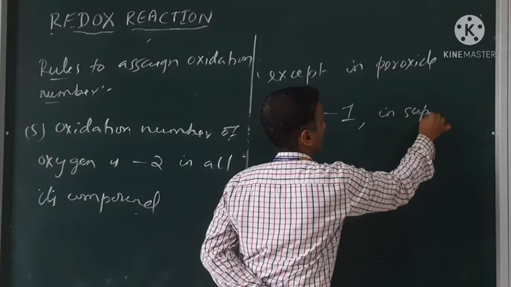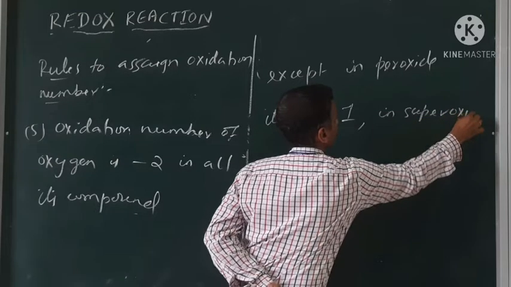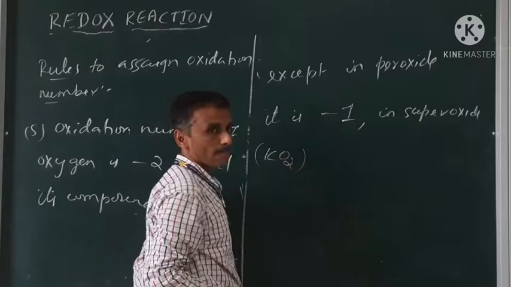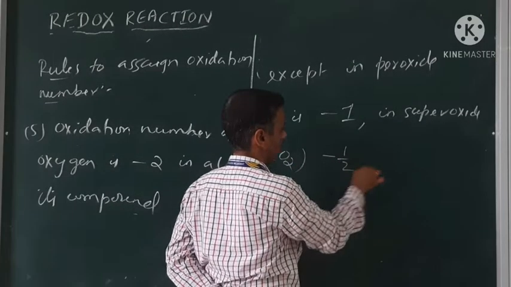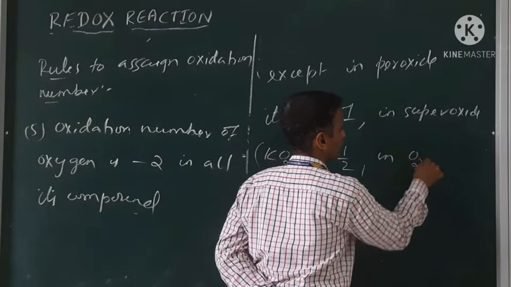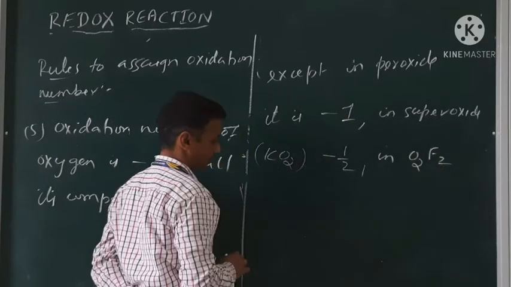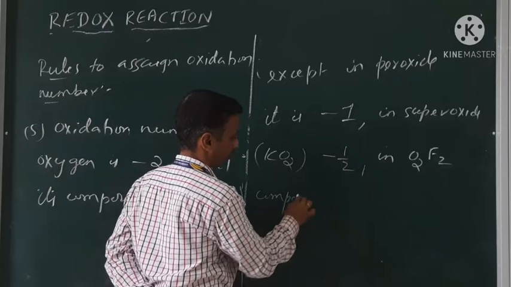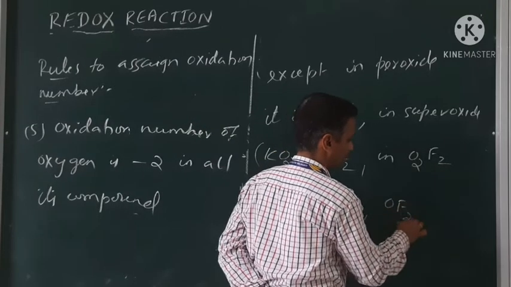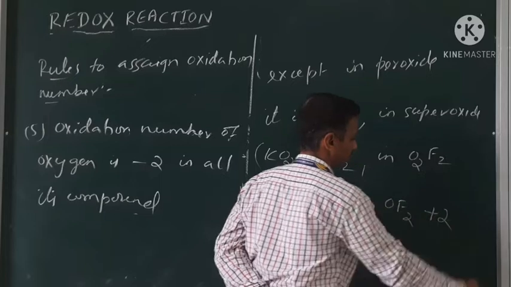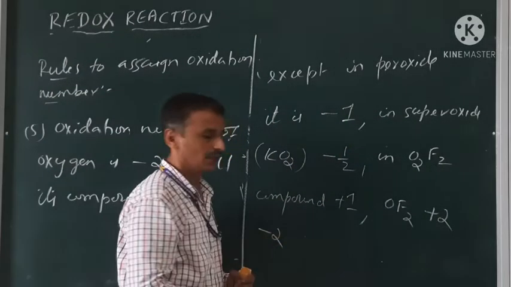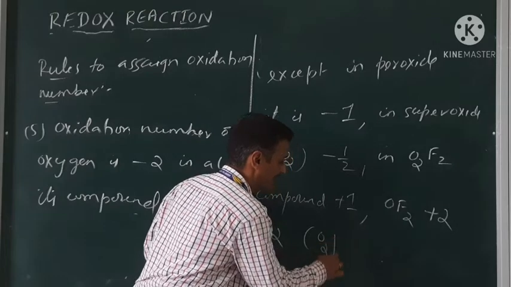In superoxide, like KO2, it is minus half. In O2F2 compound, plus 1. OF2 compound, plus 2. In all other it is minus 2 only. And if the O2 is there, it is 0.